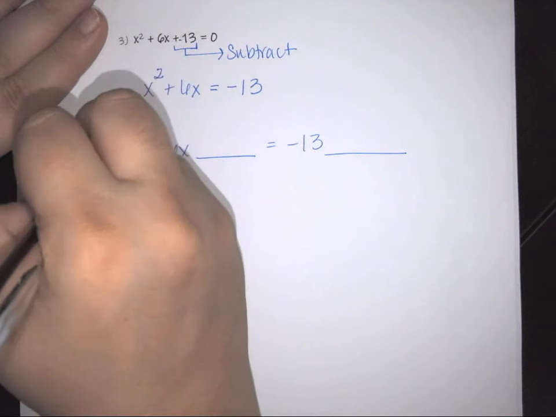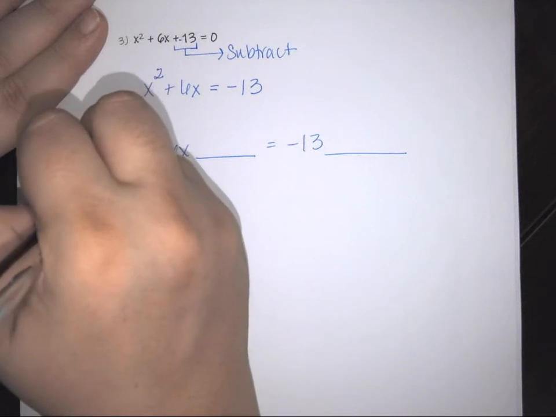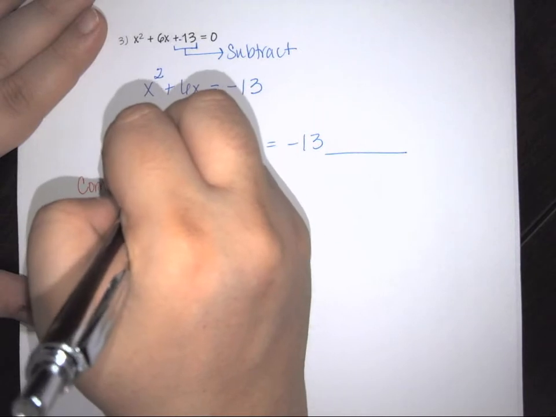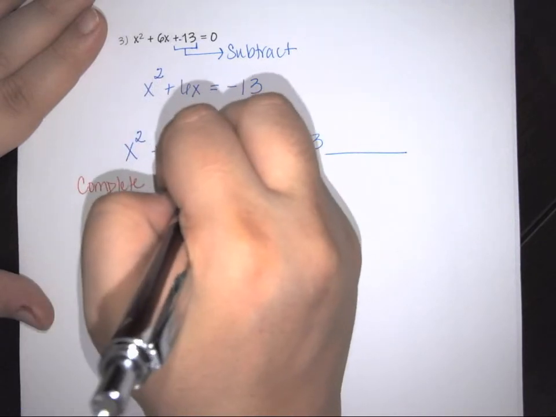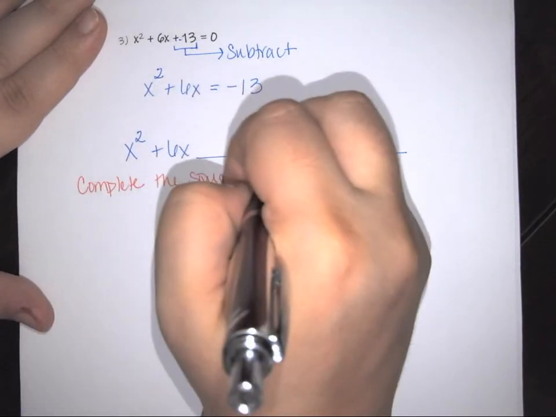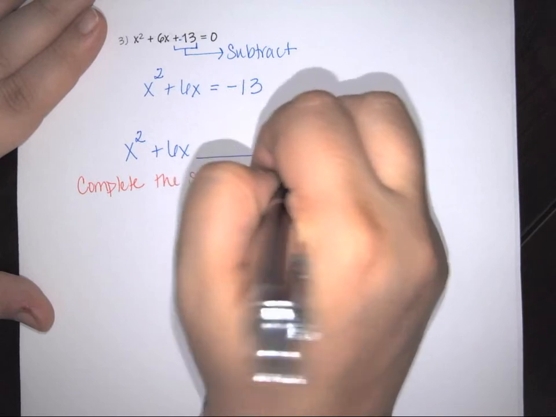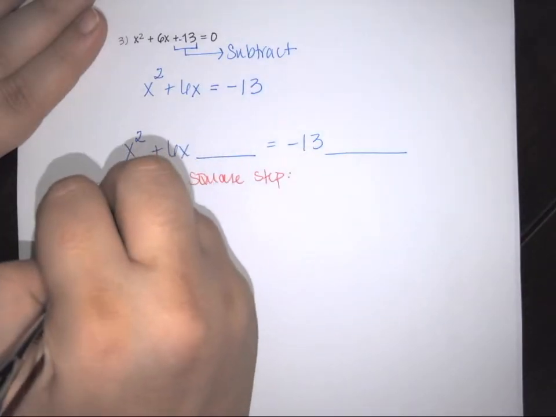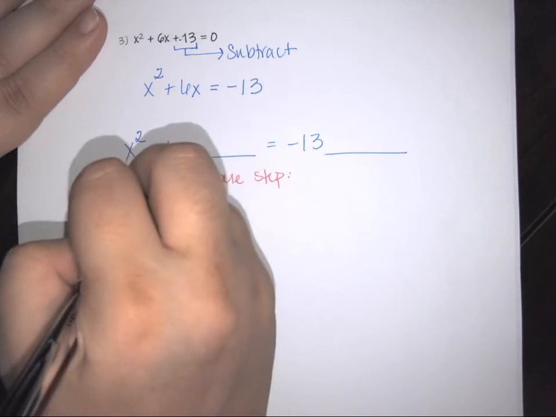Again, I have to do the complete the square step, which says I'm going to do b divided by 2 and square it.